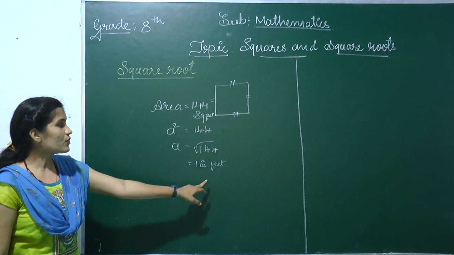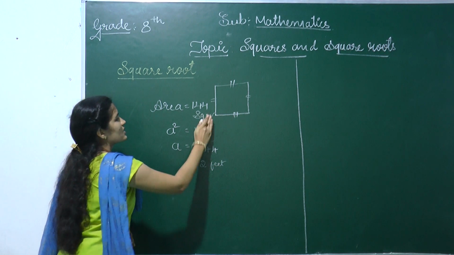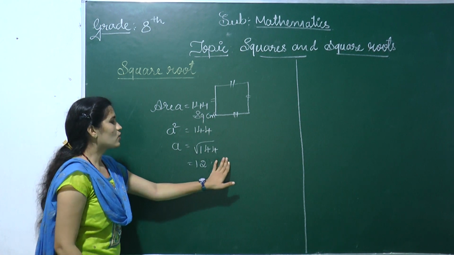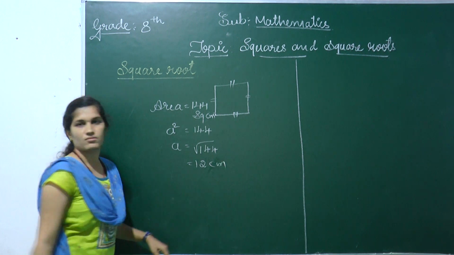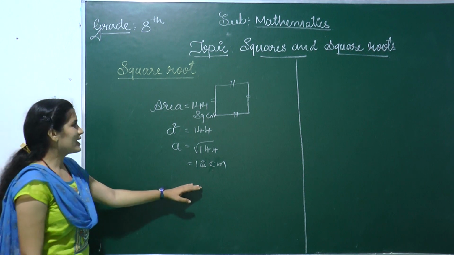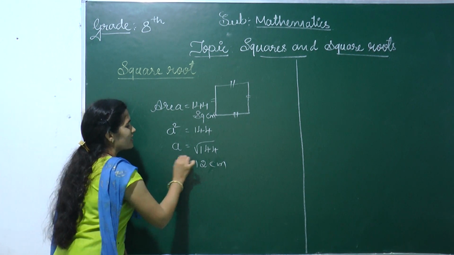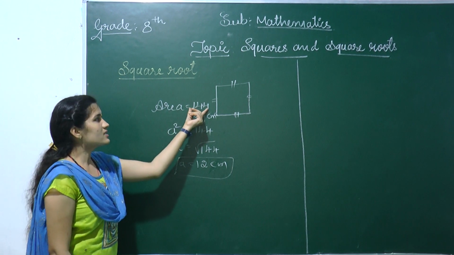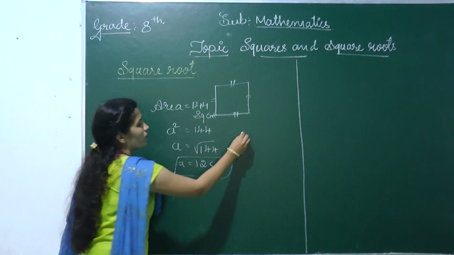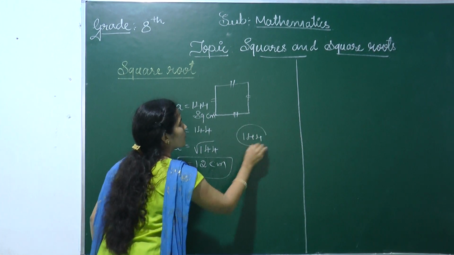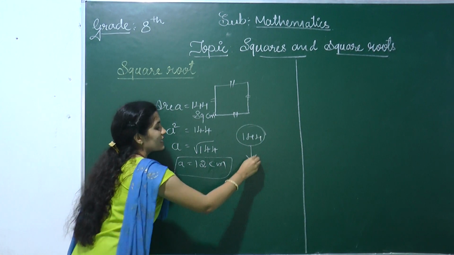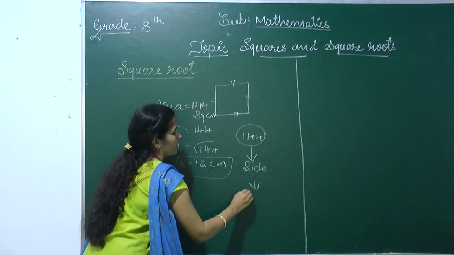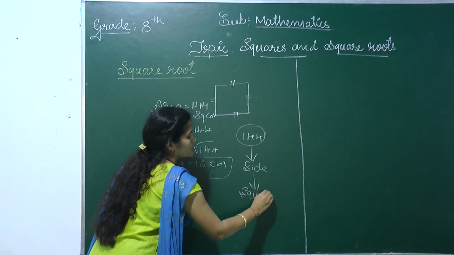If you are confused by feet, you can just take square centimeters, then it is 12 centimeters. Here it is the side of the square. 144 itself is a square number. If we find the side of the square, then it is called the square root.